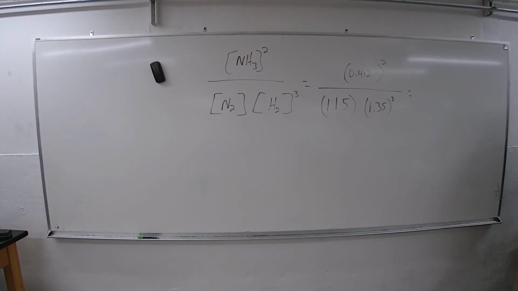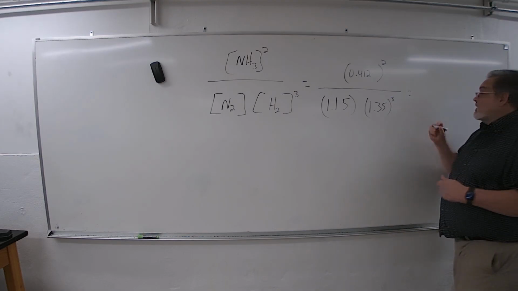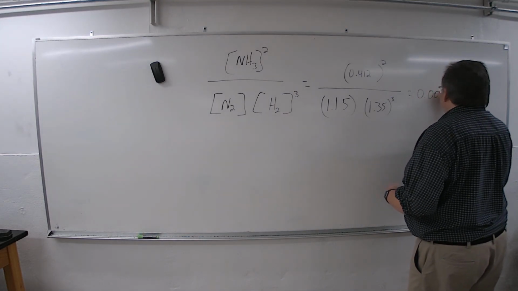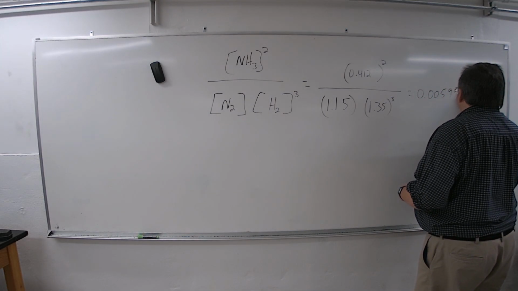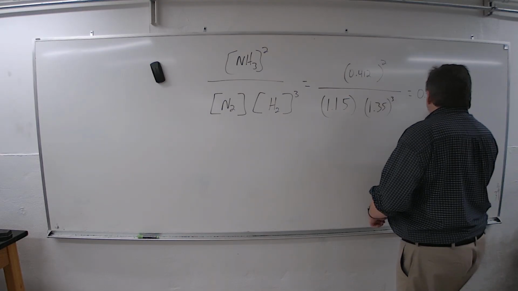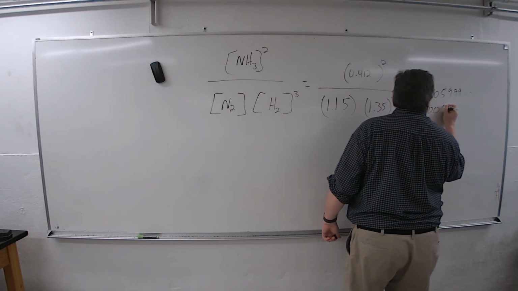Yeah, I did. So my calculator when I did this, or the spreadsheet, 9998 something. So that rounds up to 0.0060.